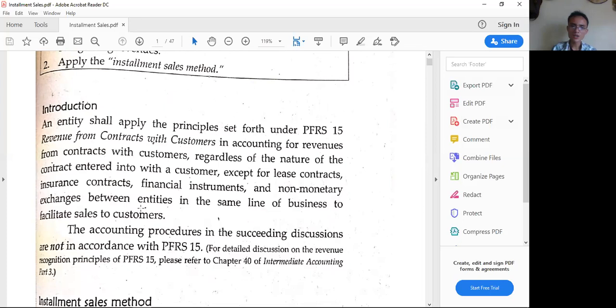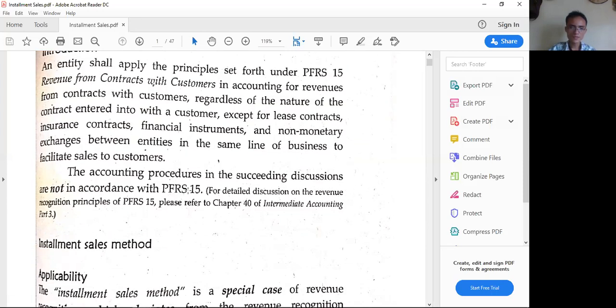As said, all revenue contracts and all sale transactions will be included. However, with the exception of lease, insurance contracts, and the rest, because there are specific accounting standards that we use in dealing with those types of contracts.